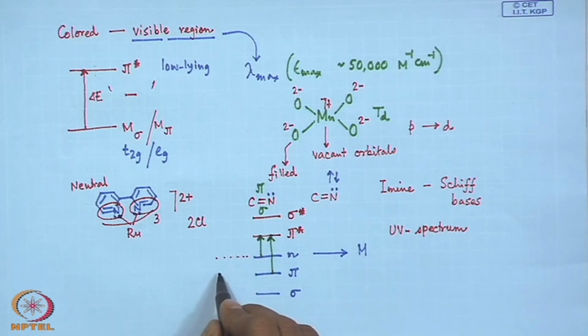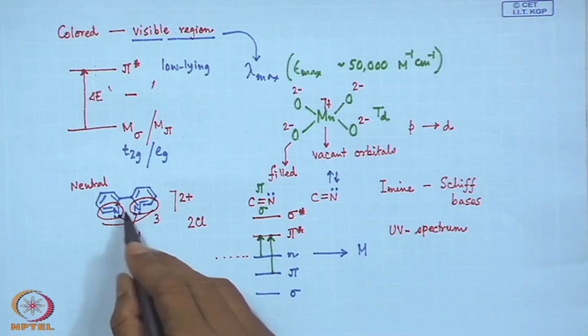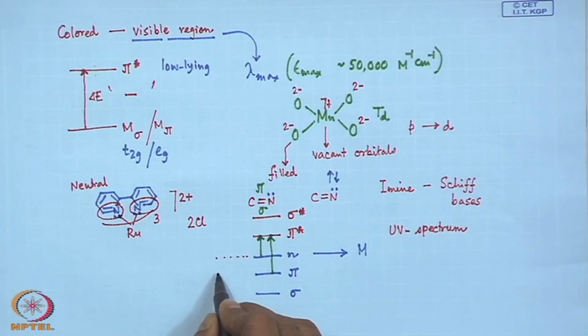Now, at certain points, during the formation of these bonds to the bipyridyl molecule, the corresponding metal orbital, the metal sigma or the metal filled pi level, comes over here.